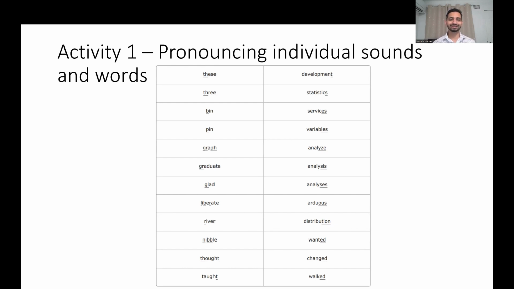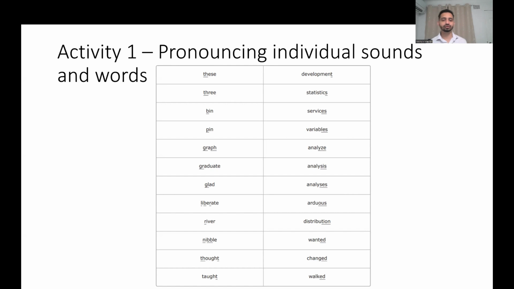So the first one: these, three, bin, pin, graph, graduate, glad, liberate, river, nibble, thought, taught, development, statistics, services, variables, analyze, analysis, analyses, arduous, distribution, wanted, changed, walked.